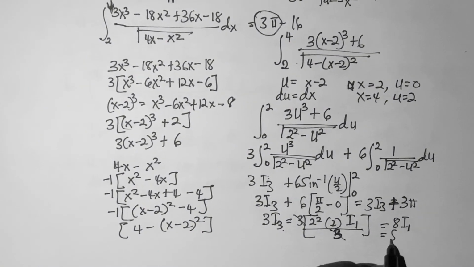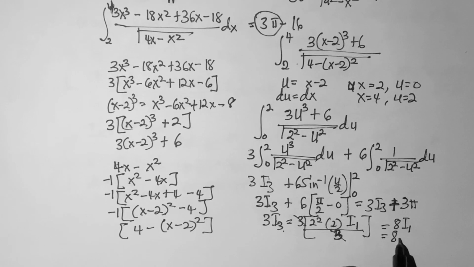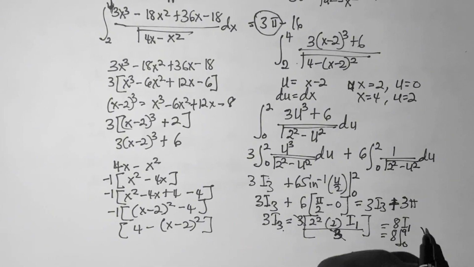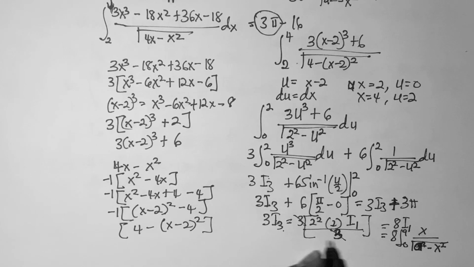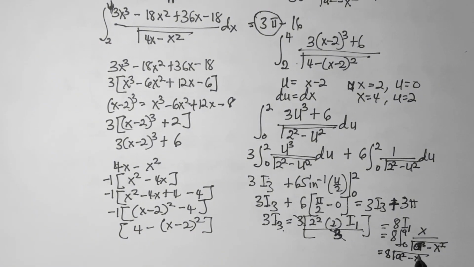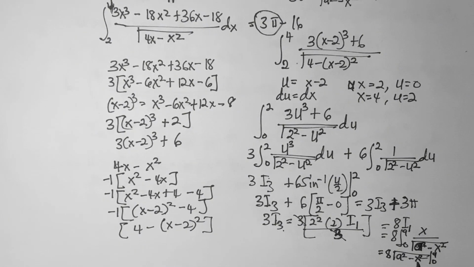This is equal to 8 times I1, which is the same as the integral from 0 to a of x divided by the square root of a squared minus x squared, where a squared is 2 squared. If you do this, it is the same as 8 times the square root of a squared minus x squared, evaluated at 0 and a. Now, if we put in a, we will get 0.